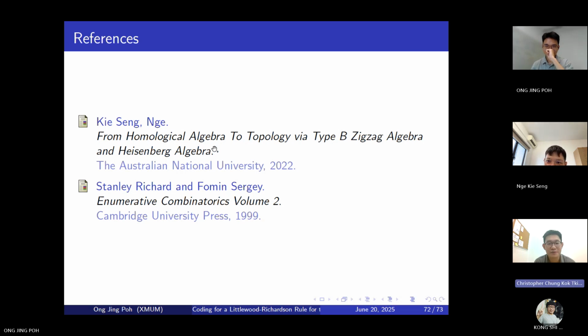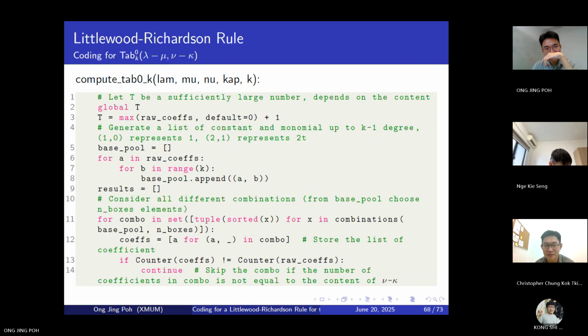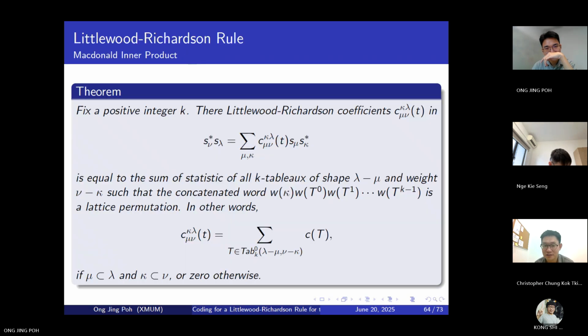Sure. Let me just ask a high level question. Are the Littlewood-Richardson coefficients non-negative? Yes. You mean this one? Or even just the ordinary Littlewood-Richardson coefficients, without using the statistic.